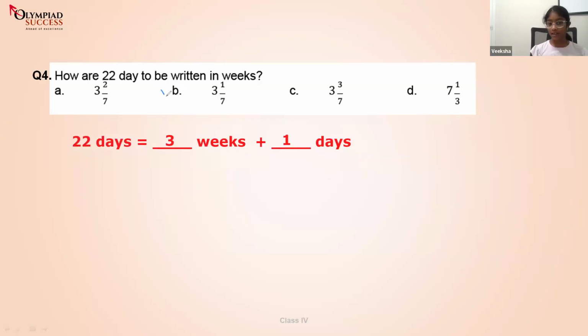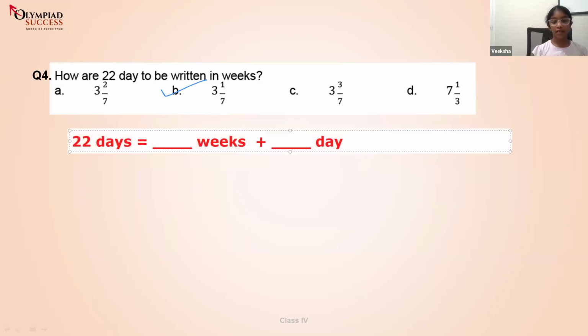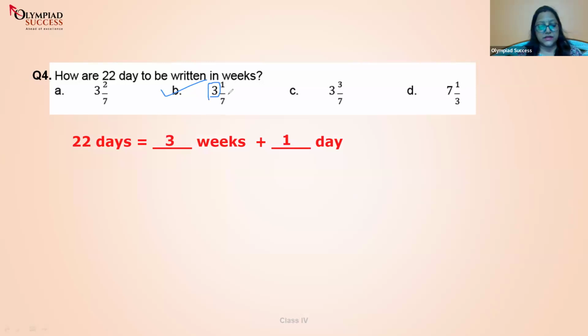Can I tell you how I did it? Yes, you can. So basically, I know that 7 times 3 is 21, and it says 22, so 3 weeks, that's 21, and then 1 more day extra. Yes, that's correct. Good. 1 more day from 7 days, so 1 by 7. Okay? Got it. Now the next one.